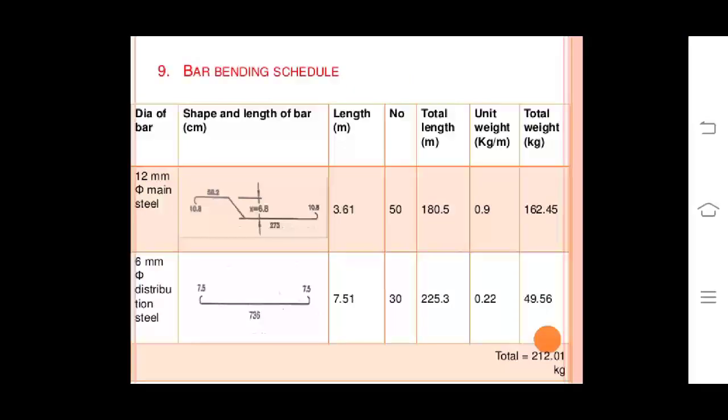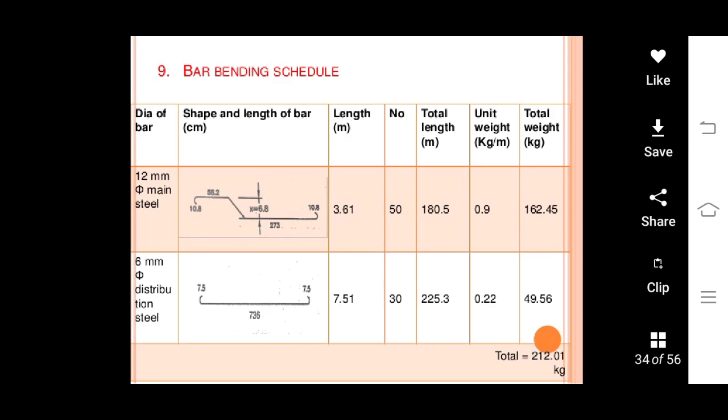Bar bending schedule. Now, bar bending schedule is furnished in the following format. For 12 mm phi bar, that is diameter of bar is the first column, shape of bar is the second column, length of bar is third, numbers of bar, total length, unit weight per bar, and total weight. The 12 mm bar has a shape of bent up, bent at 45 degrees, having the following description.